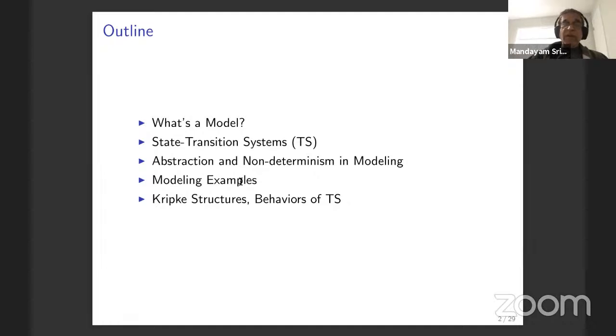What we have covered is a quick recap of propositional logic, and its use for modeling real life artifacts. Specifically, we discussed and illustrated several examples of board game modeling, modeling solutions to board games using propositional logic.